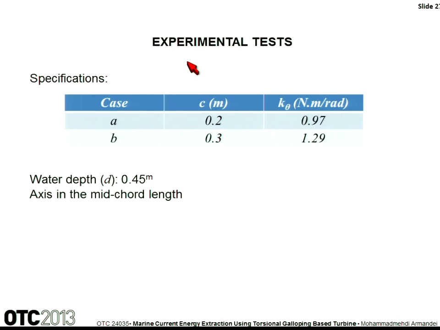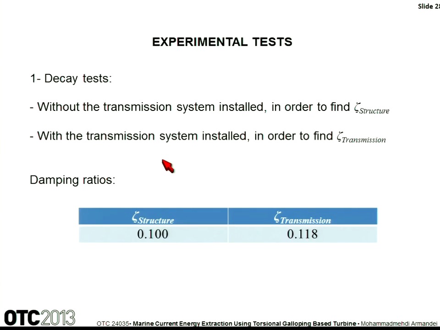The experimental tests, we conducted them for two different cases, each with different chord lengths and torsional spring rates. During the tests, we kept the water depth equal to 0.45 meter, and we kept the axis at the mid-chord length of the flat plate.